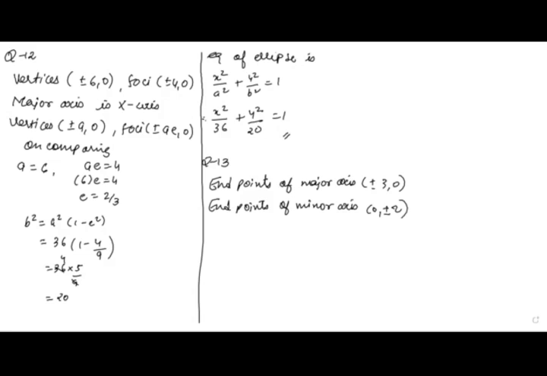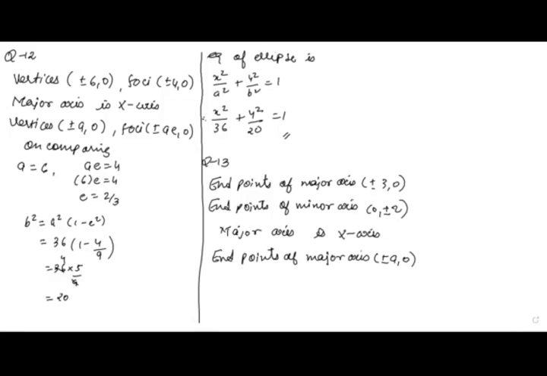You can see that the major axis is along x-axis because the endpoints of major axis are on x-axis. So if my major axis is x-axis, then endpoints of major axis are plus minus a comma 0.